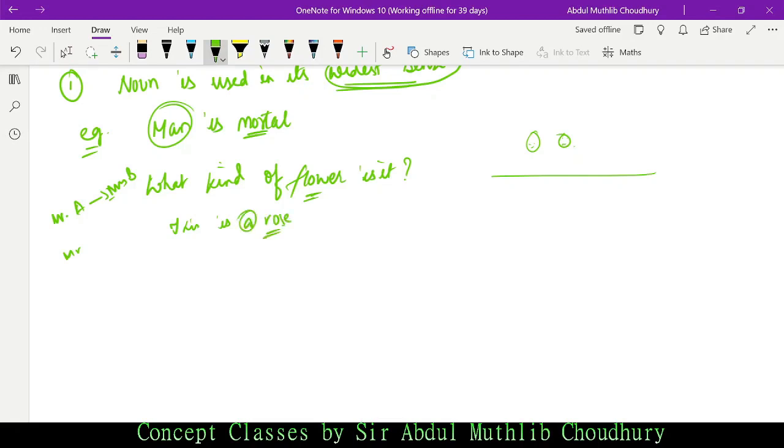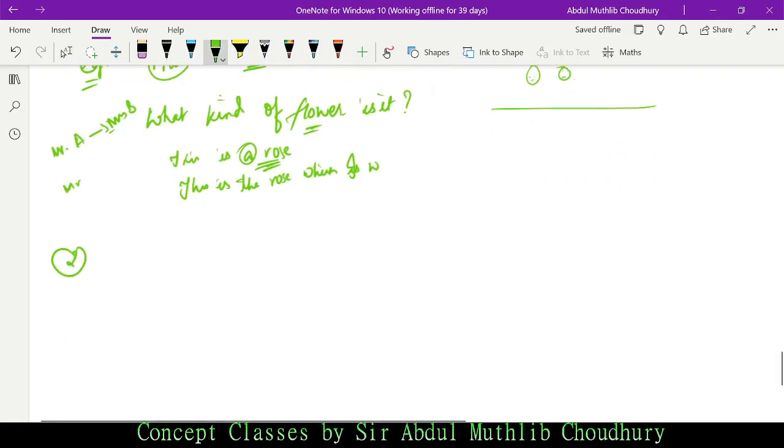Article a is used, okay? Or he might say this is the rose which I was about to pluck yesterday to gift it to someone. Anything, you name it. Anyway, chalo.